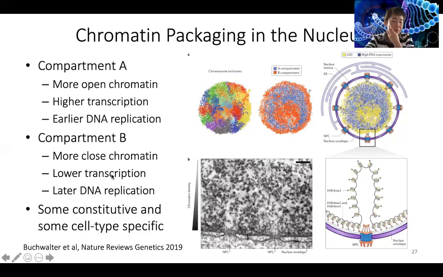Some of these red regions are constitutive, but there are also many regions that are cell type specific, depending on what transcription factors can go to the nucleus and where they bind. They can take some regions from compartment B to compartment A to start transcription.